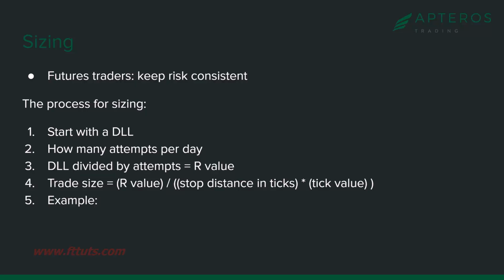You take one trade a day? Do you need to be able to take 20 and lose on all 20 before you stop for the day? Probably not, right? 3, 4, 5, 6 is probably good for a lot of day trading futures traders. So we have a daily loss limit, and now we know how many attempts we need.